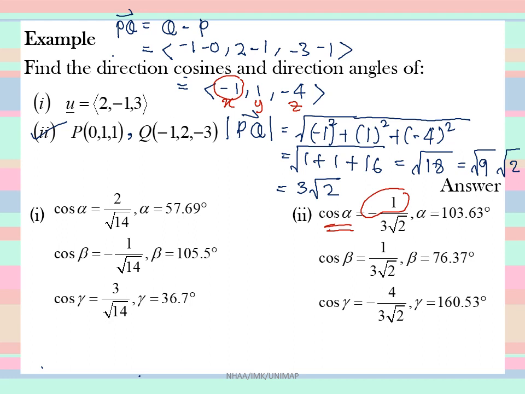Then solve for alpha, which is the direction angle. This is the arc cosine of this term. So alpha is cos inverse of minus 1 over 3 root 2. Okay, and then you will get this answer. So you apply that to beta and to gamma as well.